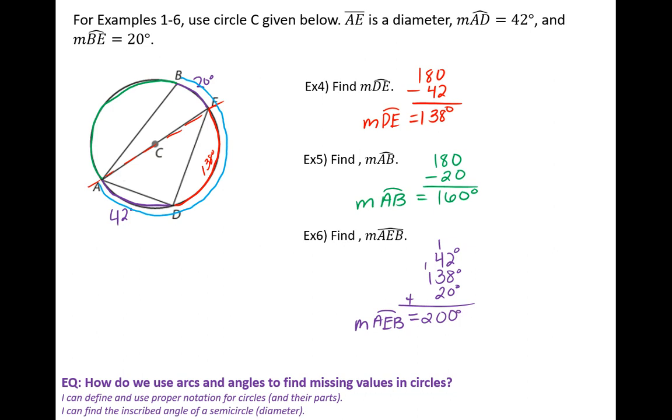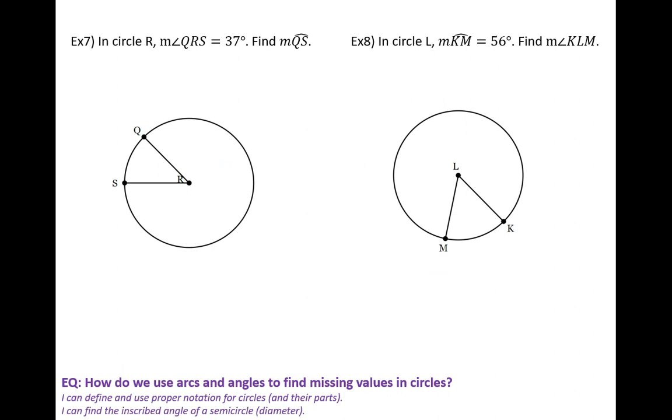All right, our last 2 examples. Let's take a look. Example 7, in circle R, so R is the center. The measure of angle QRS, so Q to R to S, that's this angle here with a vertex at the center, is 37 degrees.